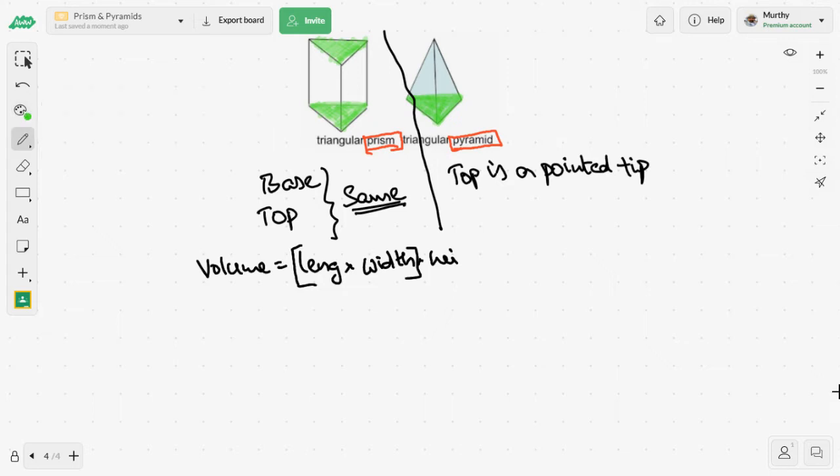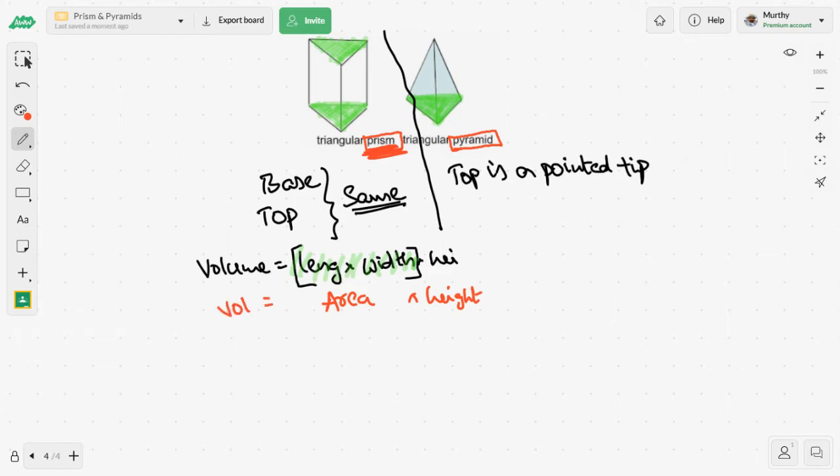If you're thinking in terms of a two-dimensional figure, what is length times width? Immediately area comes to our mind, right? Therefore, volume of a figure equals area times height. So for any prism, volume of a prism equals area times height.